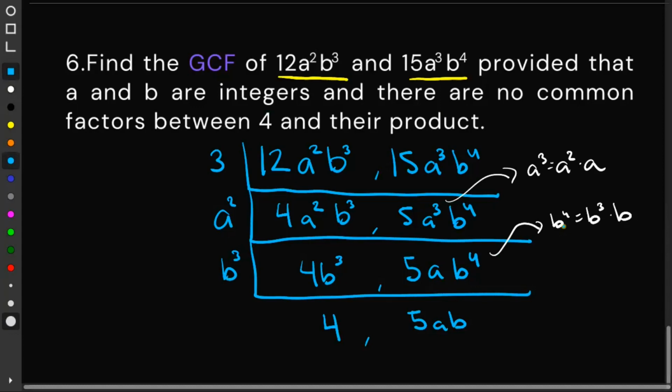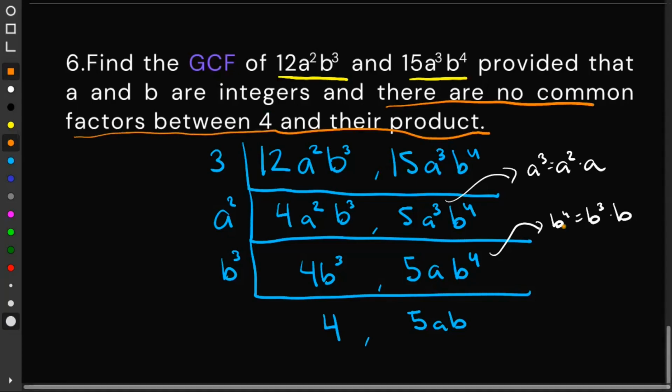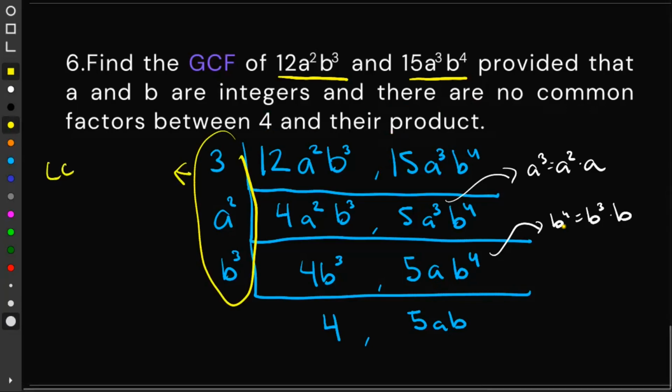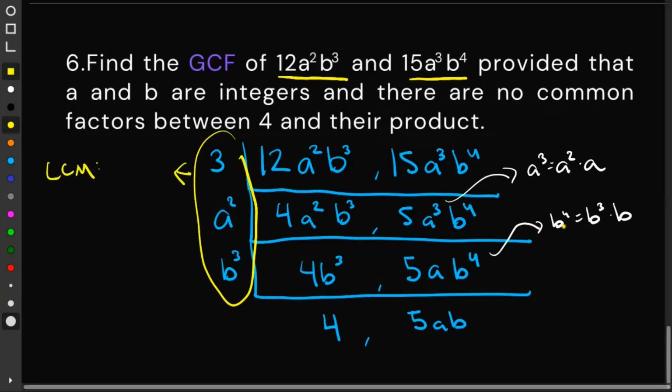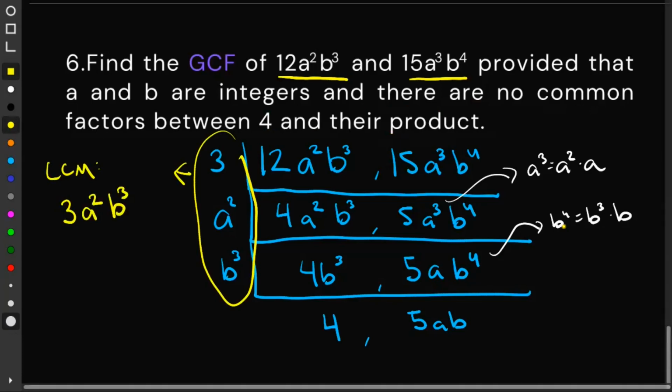But since it is given that there are no common factors between 4 and their product, which is actually ab, the GCF is this one. So the GCF is given by 3a squared b cubed, and that is our final answer.